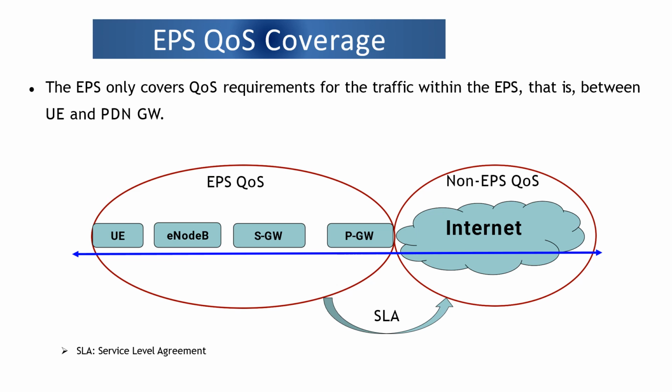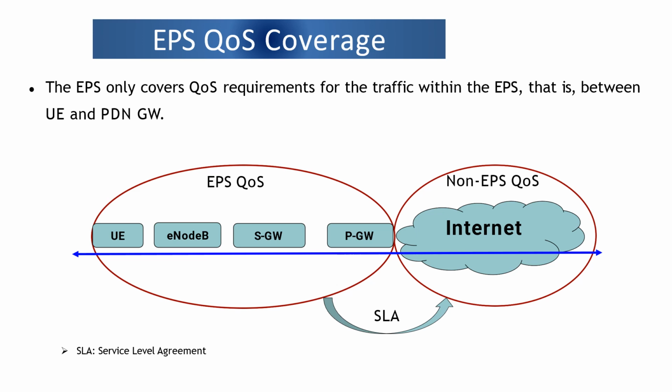The QoS is an end-to-end concept. In these slides, the following uses the internet access as an example, and UE sessions include the session within the EPS and the session over the internet.